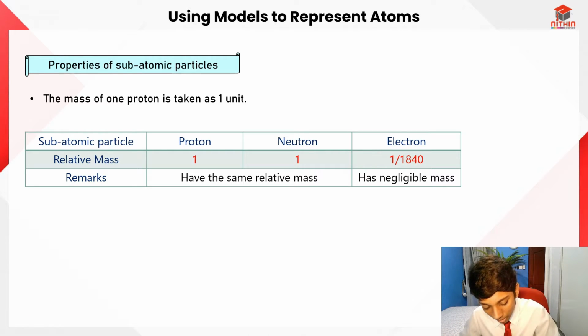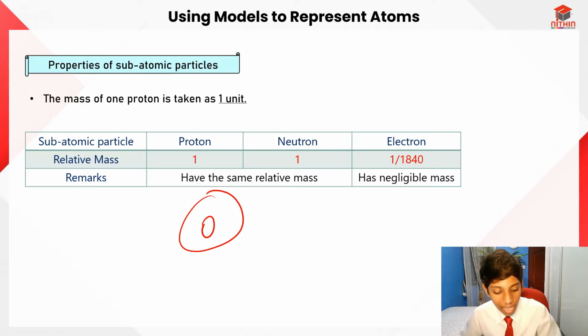Let me draw the two-dimensional figure here. In an atom, we have the electrons, and we have protons and neutrons. Even if there is not the same number of neutrons, it doesn't matter because neutrons are neutral in charge. Protons are 1 and neutrons are 1.